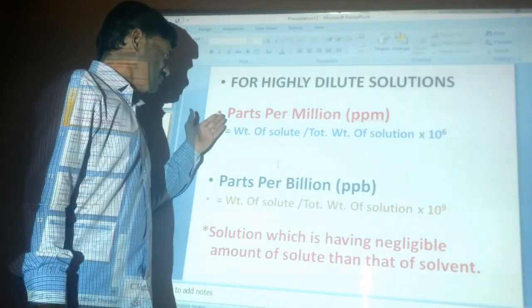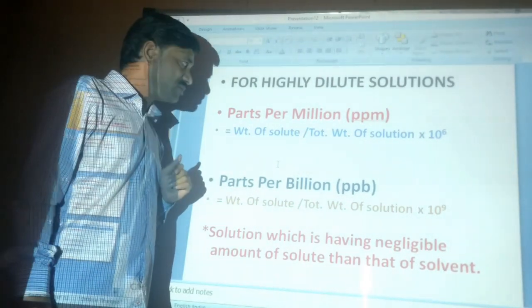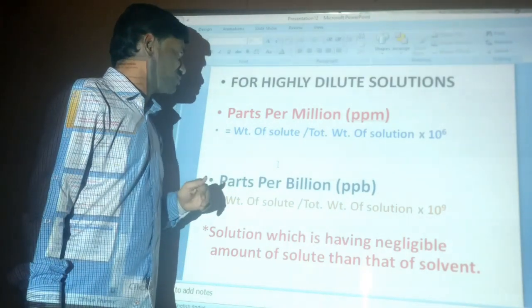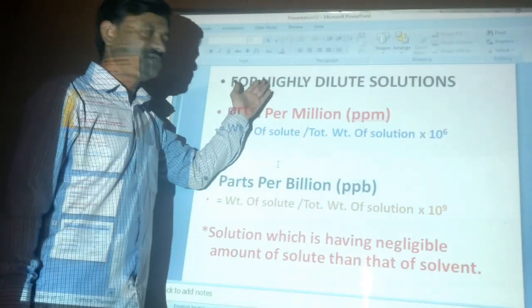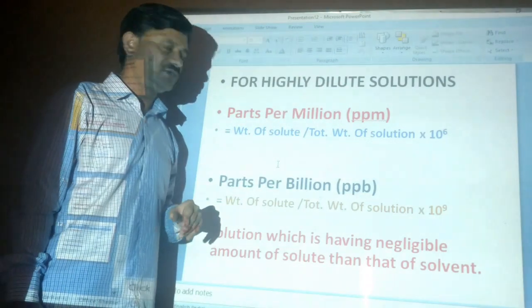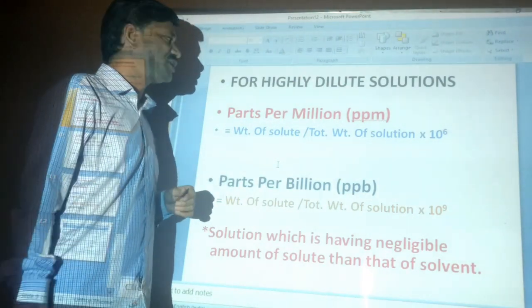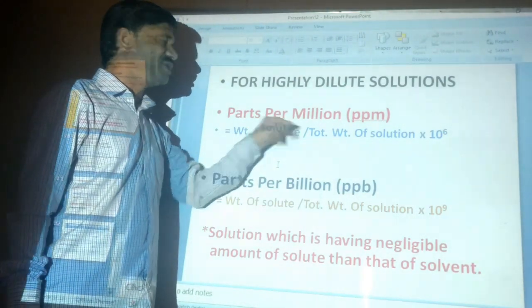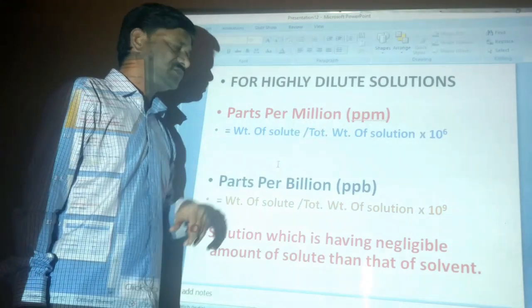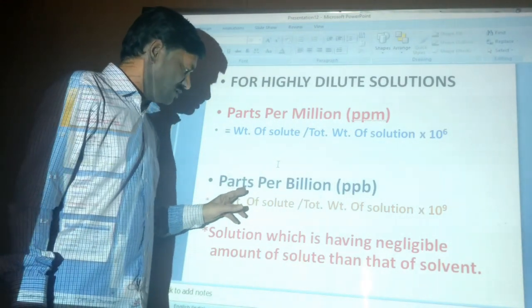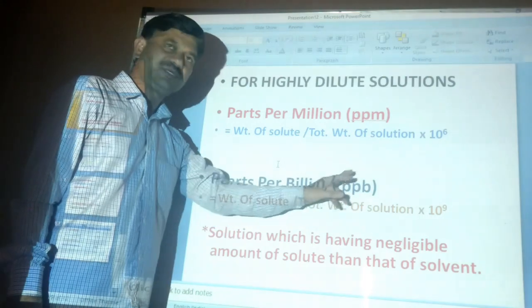There are two different concentration modes specially used to express concentration of highly dilute solution. The first concentration mode is parts per million, known as ppm, and the other one is parts per billion, that is ppb.